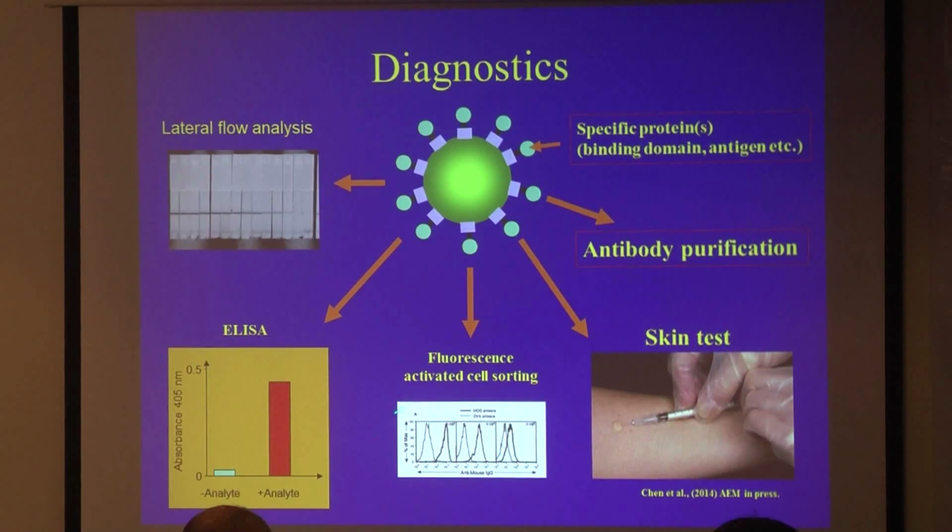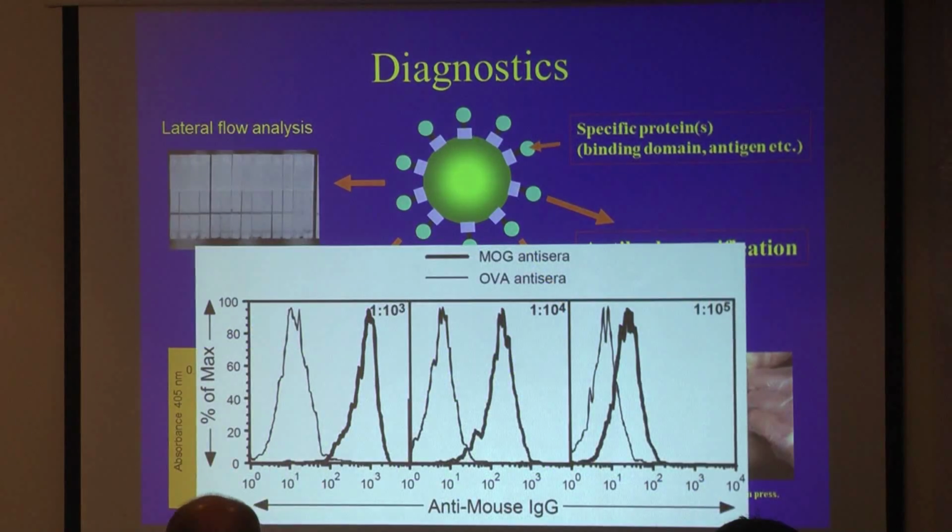Then we did FACS, beads binding, sequestering antibodies by displaying antigens. But then also we came across, why not doing a skin test? We are not in humans yet, but we are in cattle, and I will share that with you. This is FACS. This is a bead.